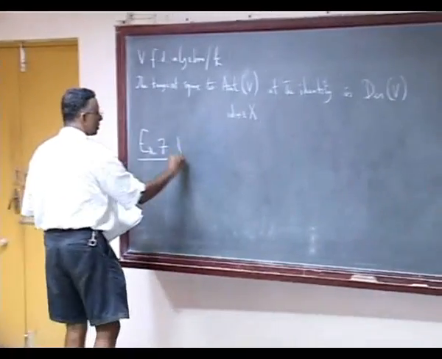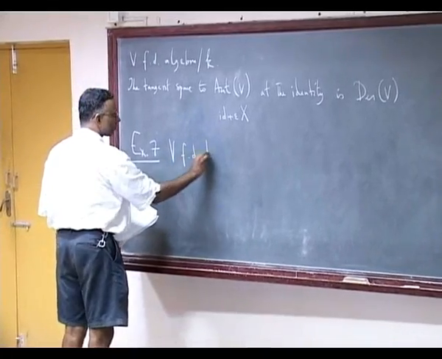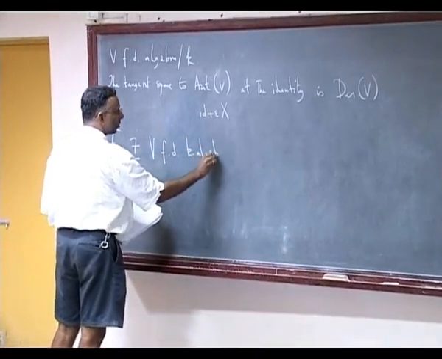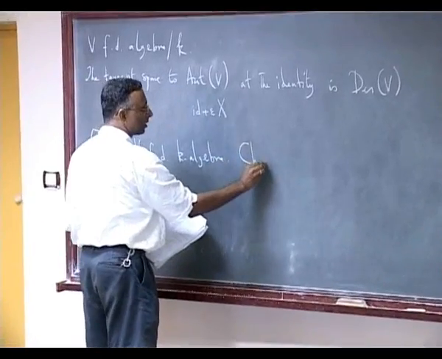V is a finite dimensional K algebra, characteristic of K let's assume to be 0.